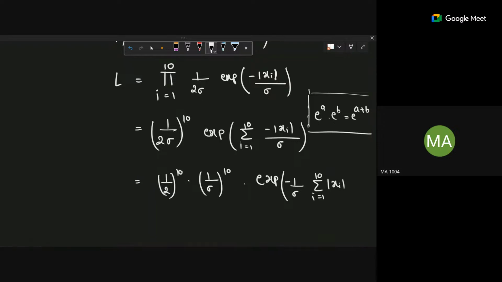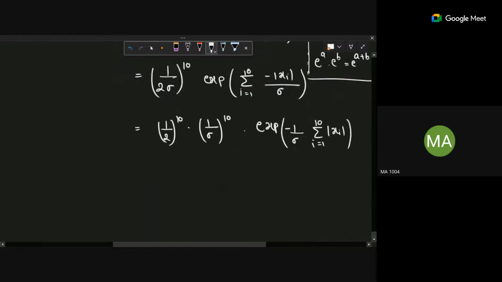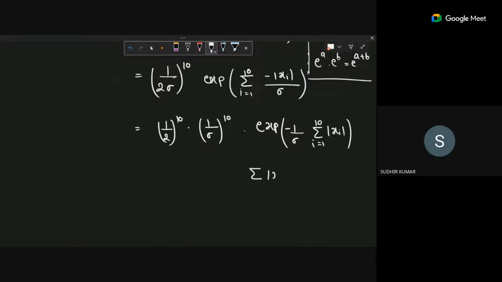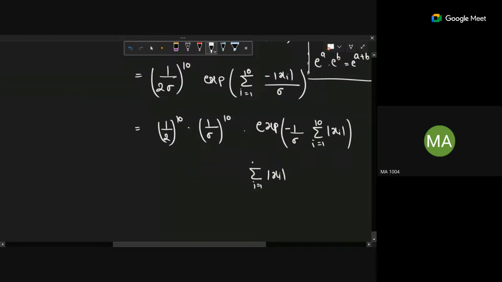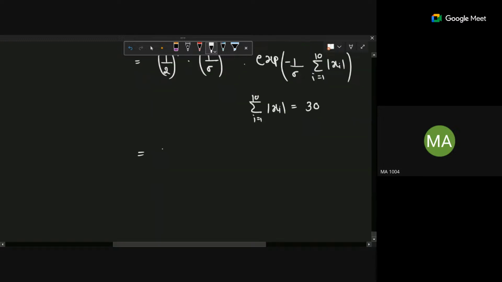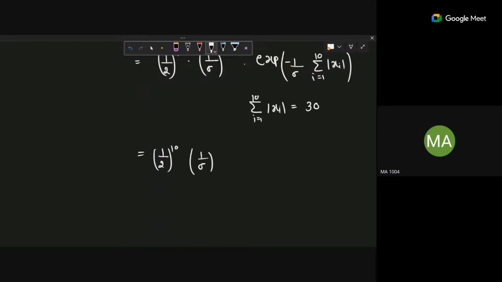So do we know what is the sum of modulus xi for 10 times, like modulus x1 plus modulus x2, and so on? From the given sample, we will be able to calculate the sum, and this will come to about 30. So 1 by 2 raised to the power 10, by sigma power 10, and this will be e raised to the power minus 30 by sigma.